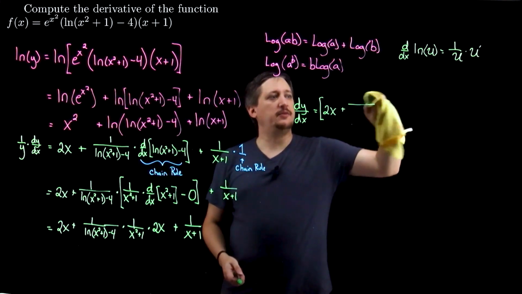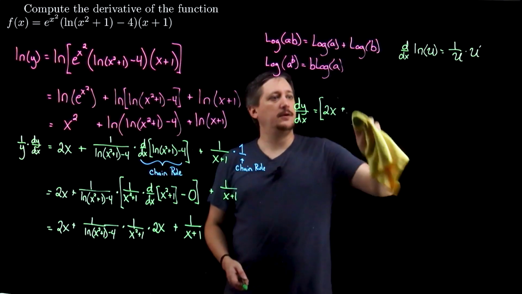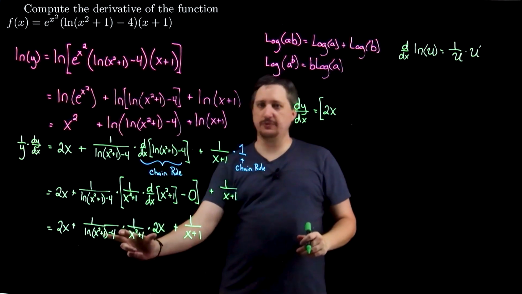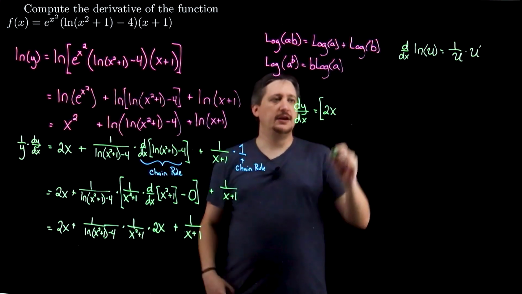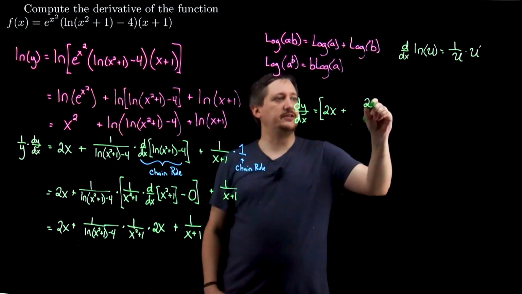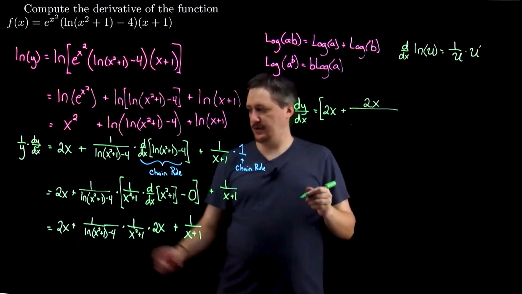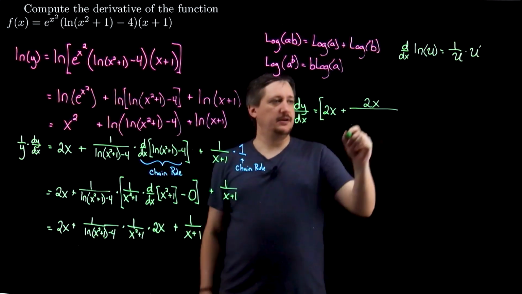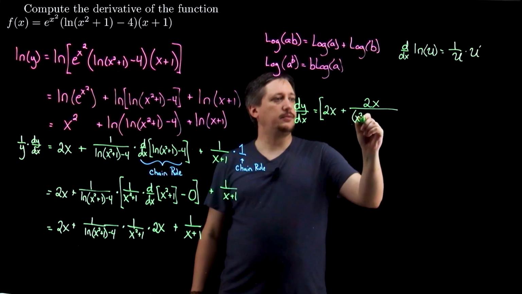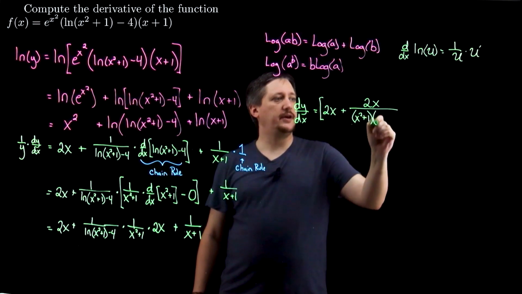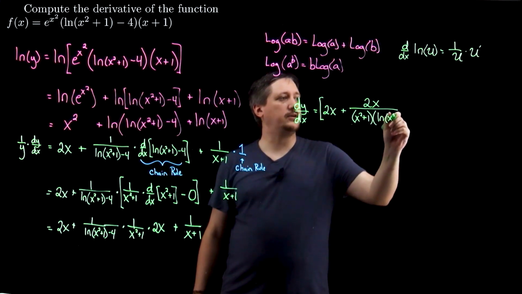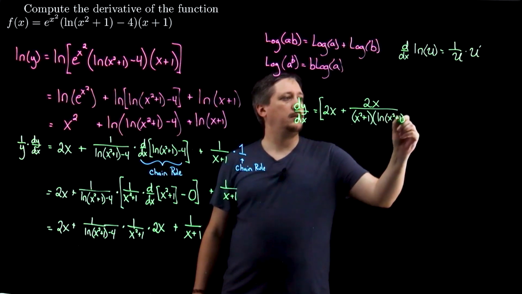If I multiply all 3 of these terms together, I'm going to get 1 times 2x, a 2x on the top, over x squared plus 1 times natural log of x squared plus 1 minus 4.